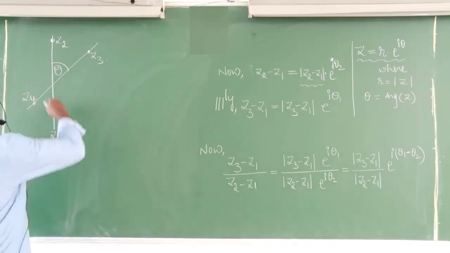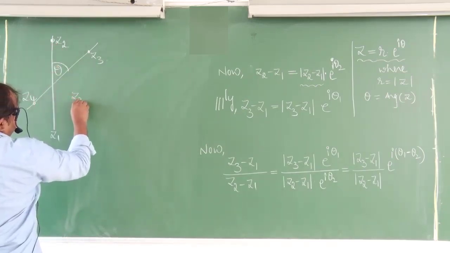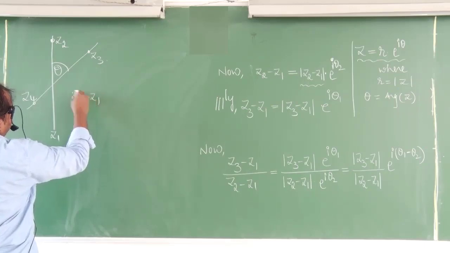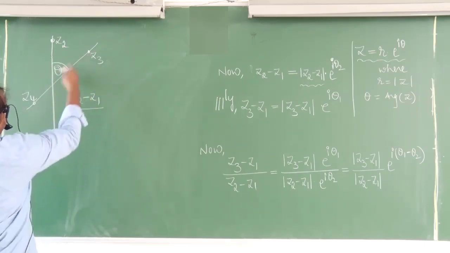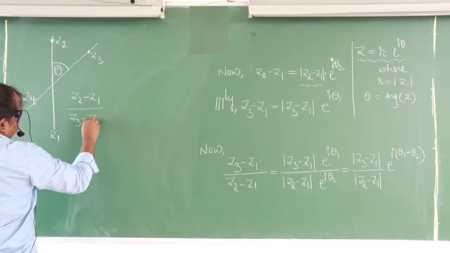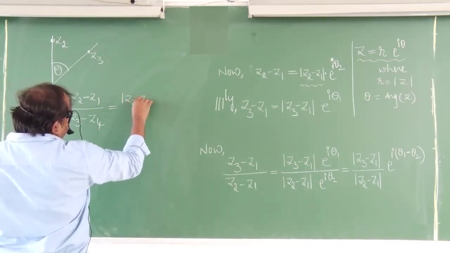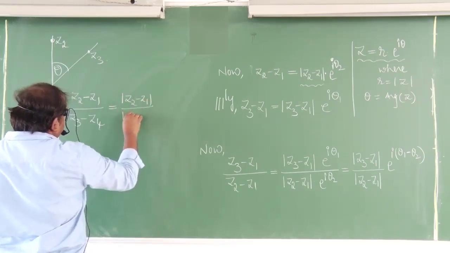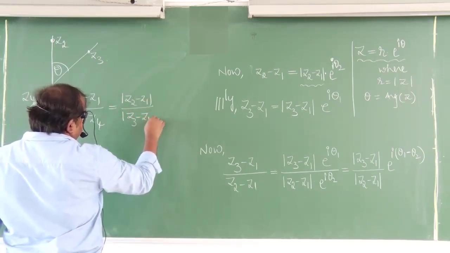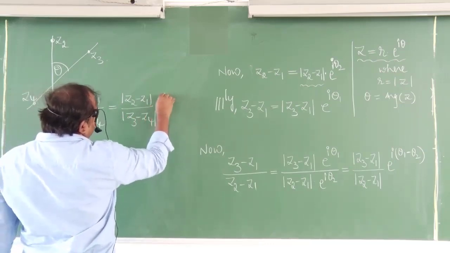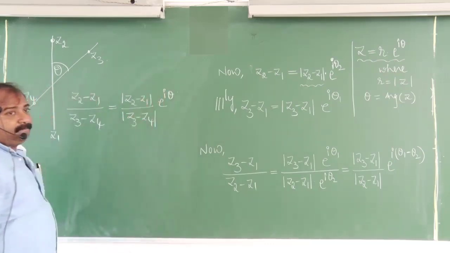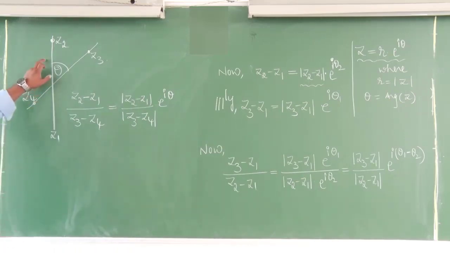Now this value, listen: Z2 minus Z1 by Z3 minus Z4 equals modulus Z2 minus Z1 by modulus Z3 minus Z4 into e power I theta. Whenever two lines are intersecting like this, first we take this line, this is the first point, this is the next point.